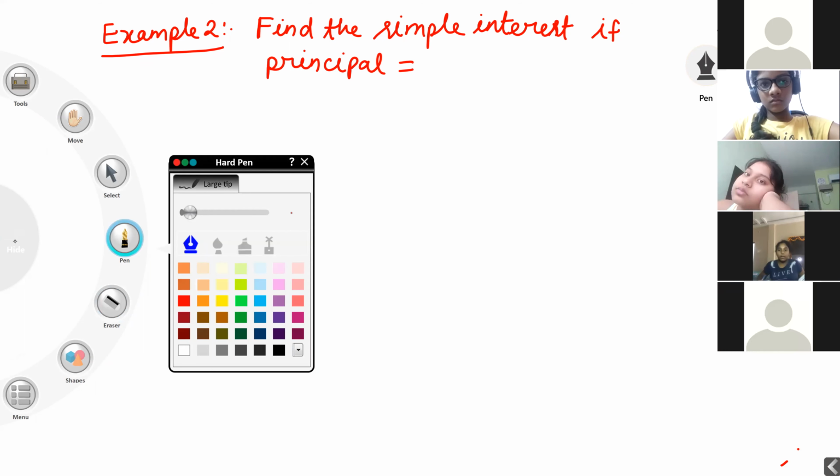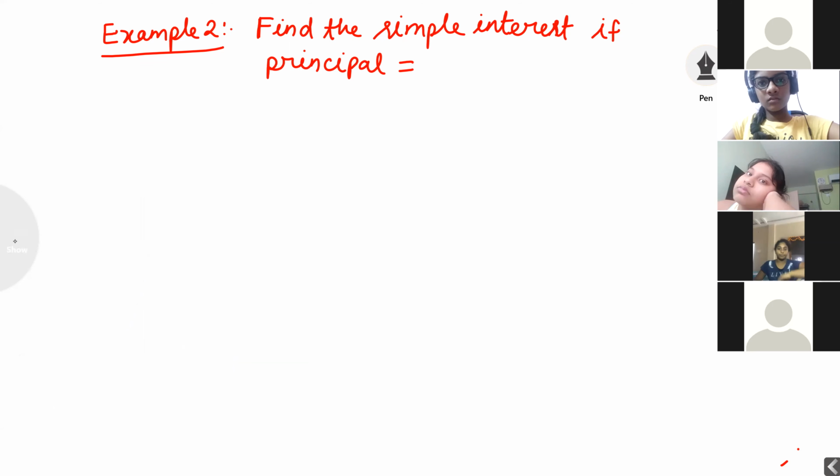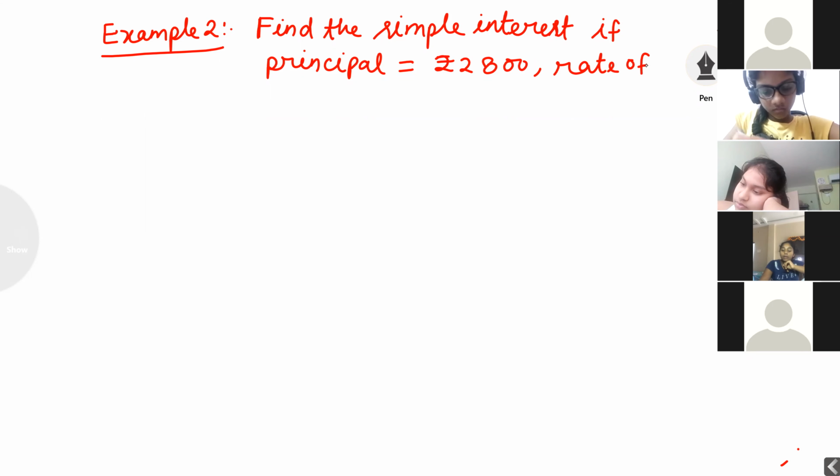Yes, if principal is equal to 2800 rupees, rate of interest is equal to 2% per annum.